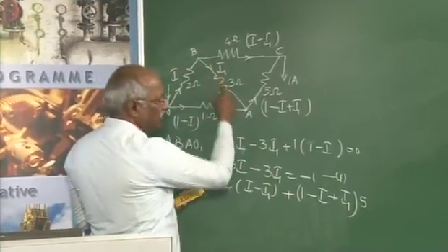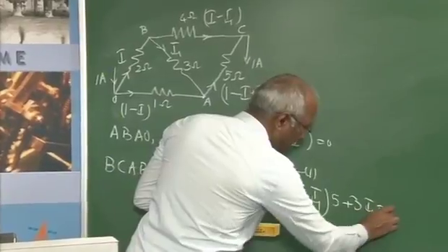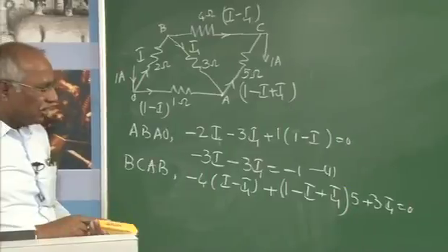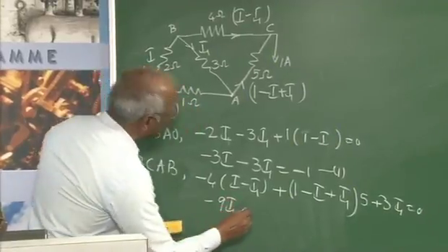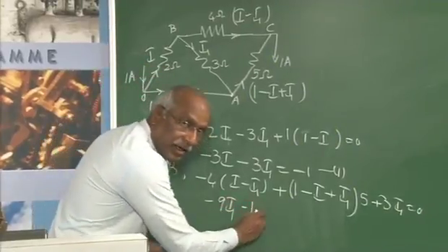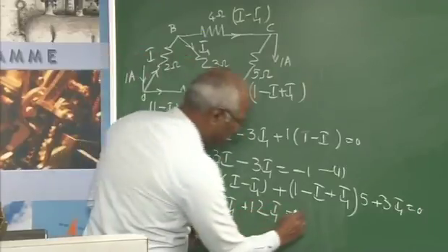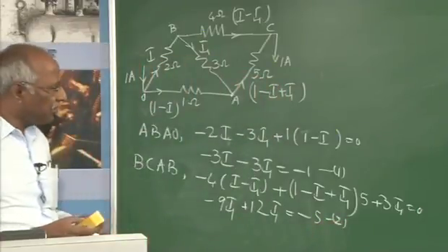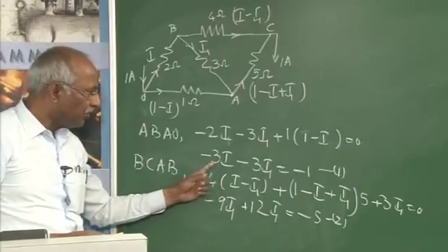Then again we are moving against this current, so plus 3I1 is equal to 0, as there is no source here. If simplified, it works out to minus 9I plus 12I1 equal to minus 5. This is equation 2.